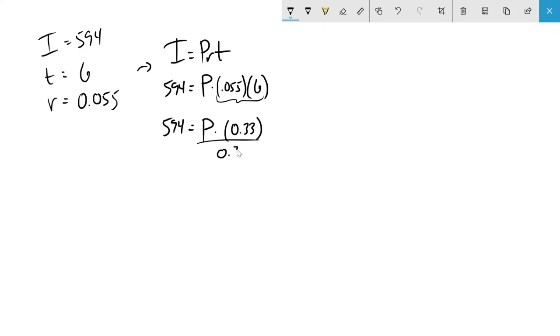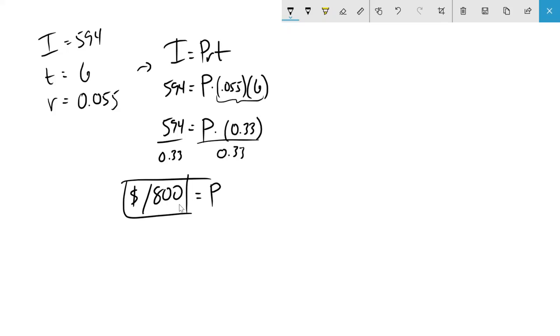And then you divide by that to solve for the answer. So the principal is going to be 594 divided by 0.33. What does that come out to be? It's like 1,800. So it's really just plugging in the values into the equation where they belong and then going from there to solve it for the missing variable.